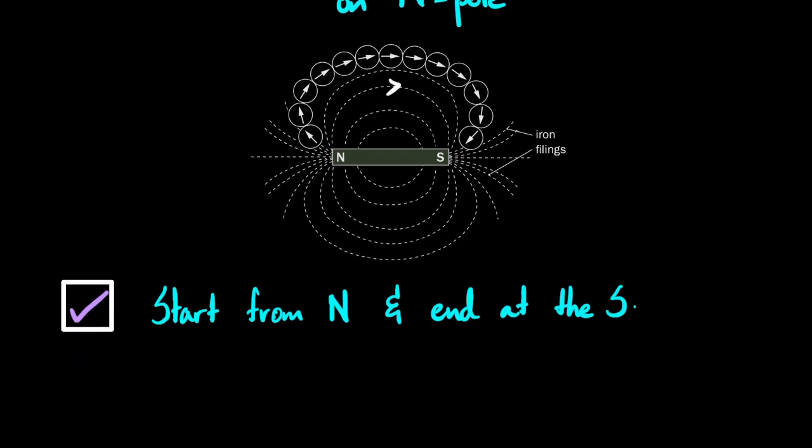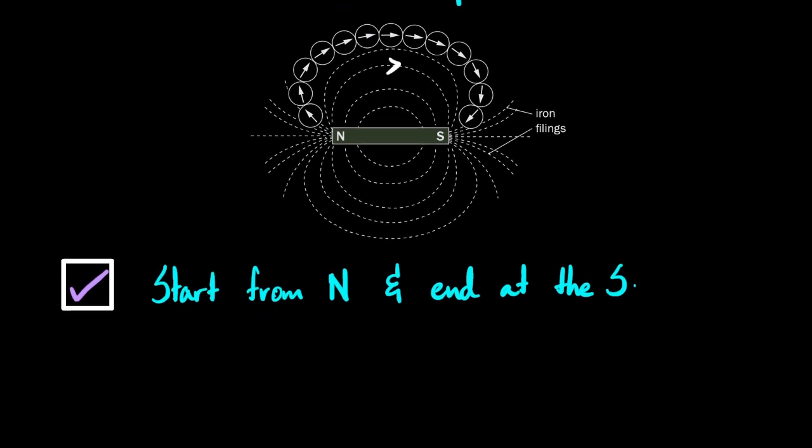So the second requirement is that, like any field, the magnetic field lines will also fall off with distance. So when you're drawing the field lines, we need to make sure that there is an increasing distance between the field lines.